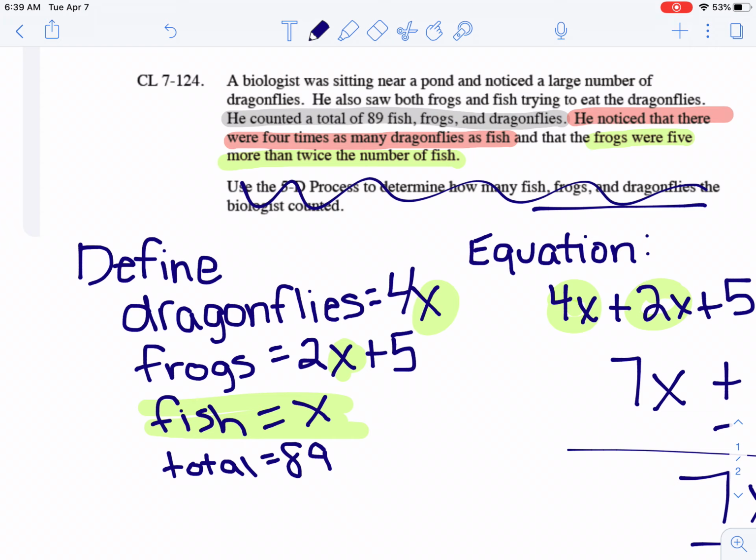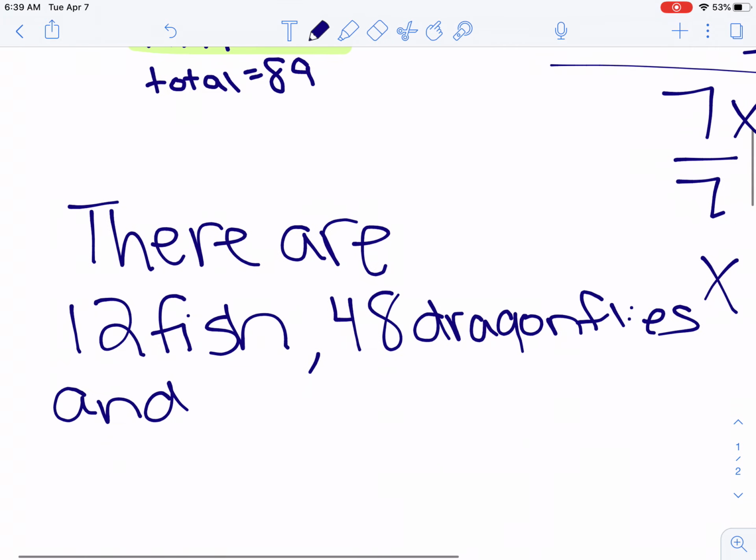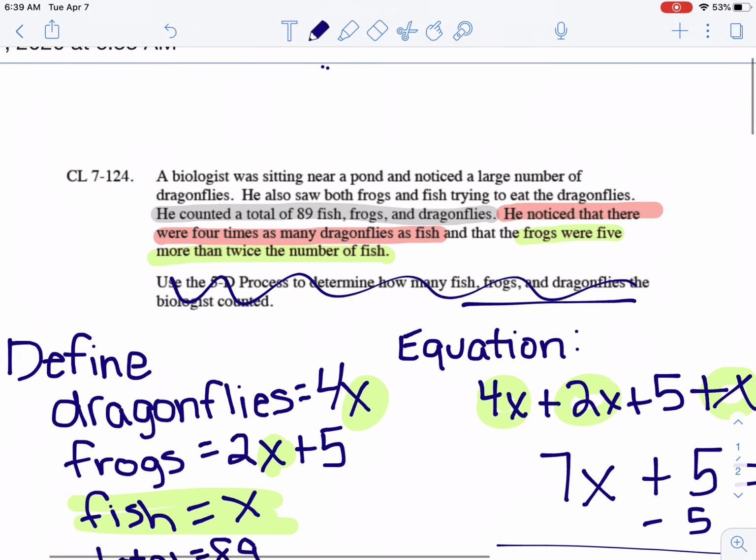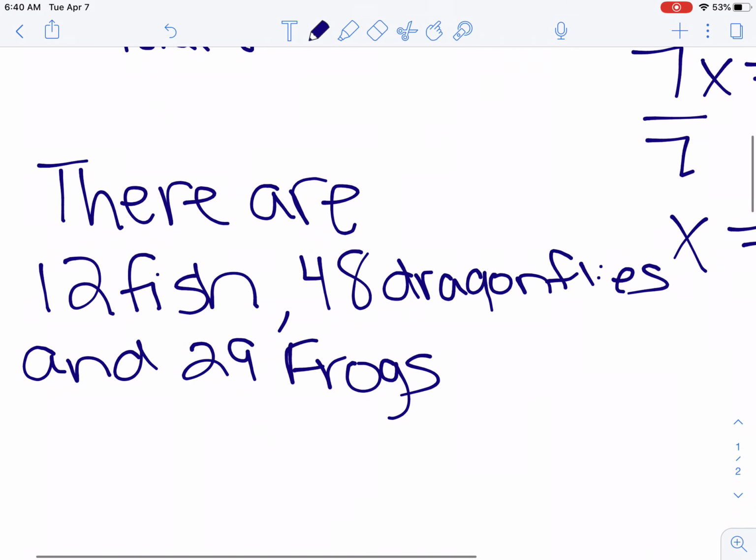So 2 times 12 is 24, plus 5 is 29. And were we at a lake or where were we? At a pond. So there are 12 fish, 48 dragonflies, and 29 frogs at the pond.